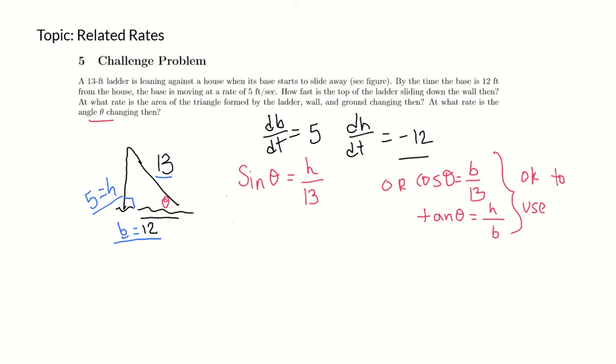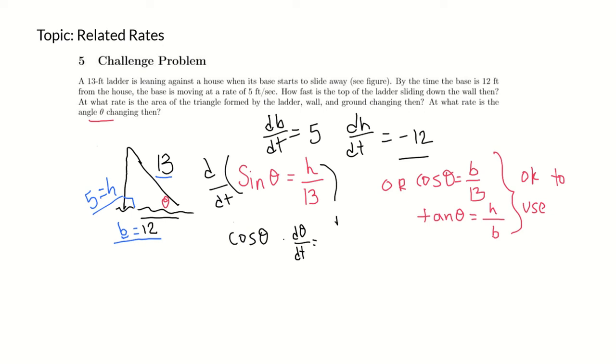Okay, let's take the derivative of this. So derivative of, we're using this sine theta one. So the derivative of sine theta with respect to time would be cosine theta. And then by the chain rule, now multiply by the rate of change of theta, so d theta/dt, equals, the 1 over 13 is just a constant, so we don't need to do the quotient rule.